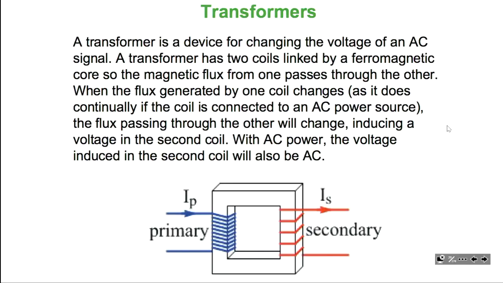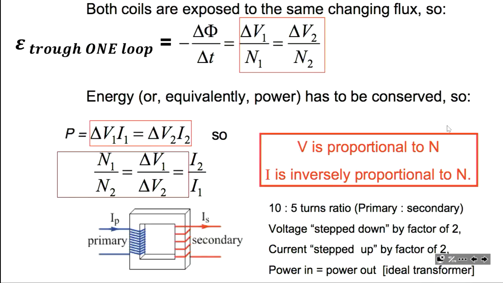How do we use transformers? Well, first of all, in every device we have them. If we need to go from 120 volts to 12 volts, we have to use a step-down transformer.